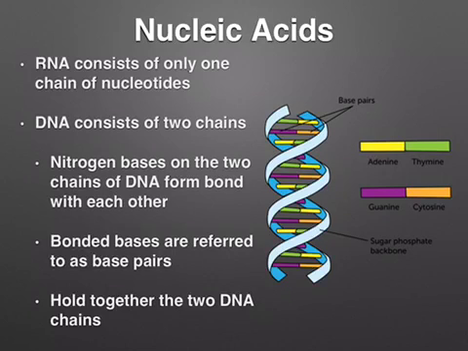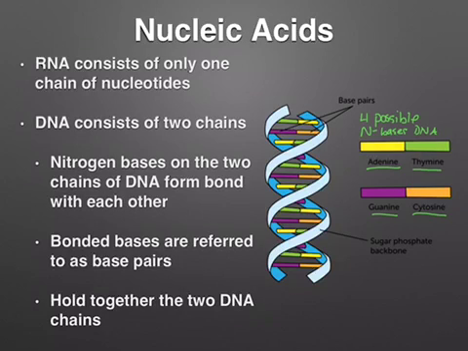So there are 4 possible nitrogen bases, and they are listed over here. So 4 possible nitrogen bases for DNA. They include adenine, thymine, guanine, and cytosine.